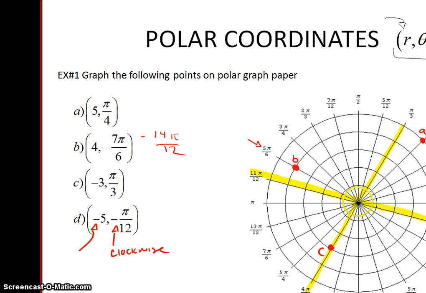Then the negative length tells you that instead of going out towards minus pi over 12, we go out the opposite direction, 5: 1, 2, 3, 4, 5. And that would be D. That is how you plot a polar point. You are going to need to print out the polar graph paper for your homework. Okay, let's move on to the next slide.